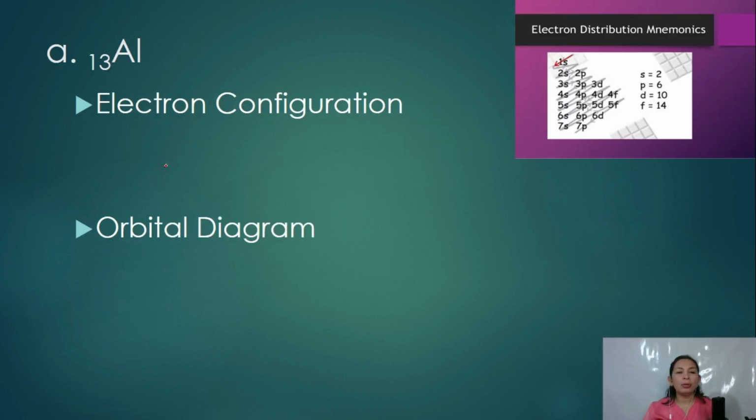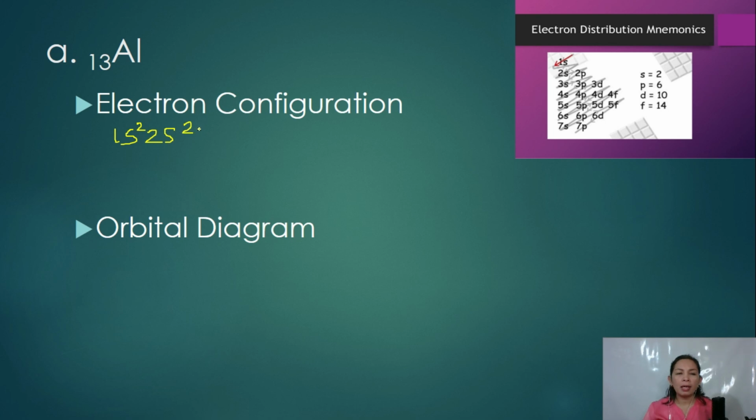Okay, so for aluminum, we need 13 electrons. By using the electron distribution mnemonics, it's easy for us to write the electron configuration. Let us start with 1s. Of course, we have to write 2 electrons, then followed by 2s, again 2 electrons.